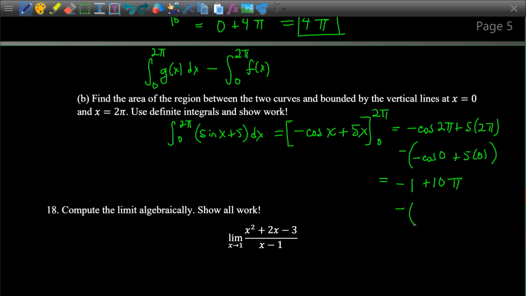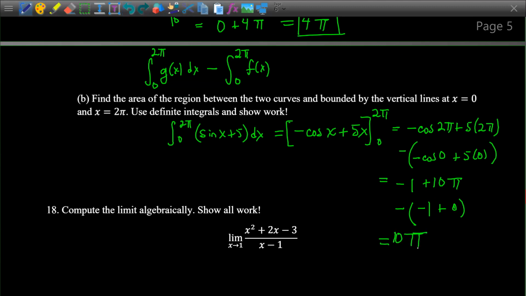So cosine of 0 is 1, so we have a minus 1 plus 5 times 0. So altogether, we have a minus 1 and then minus a minus 1, that's going to be plus 1. So the 1's cancel. So we have 10 pi minus 0. So it's going to be 10 pi.